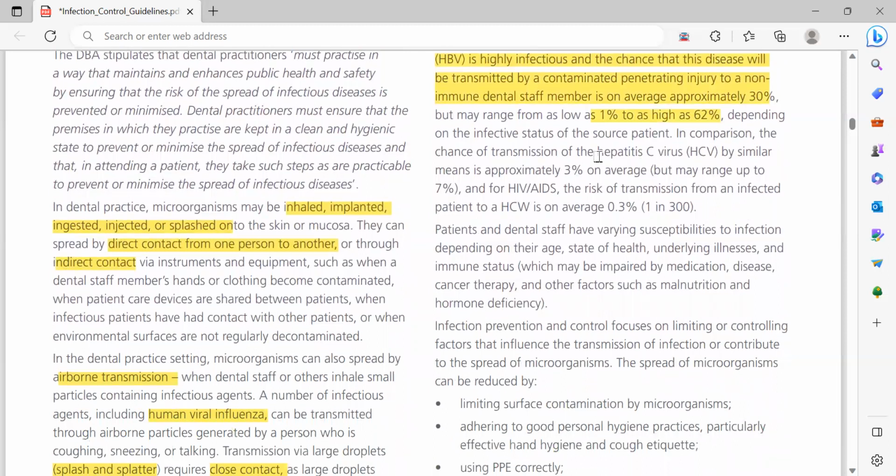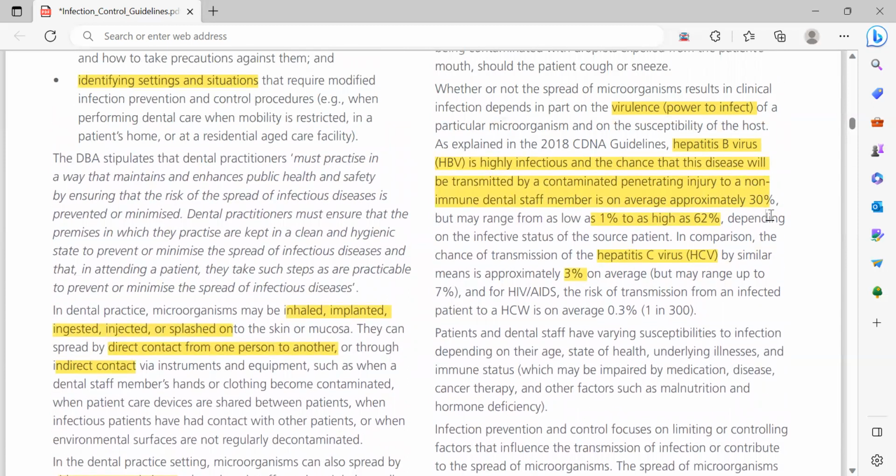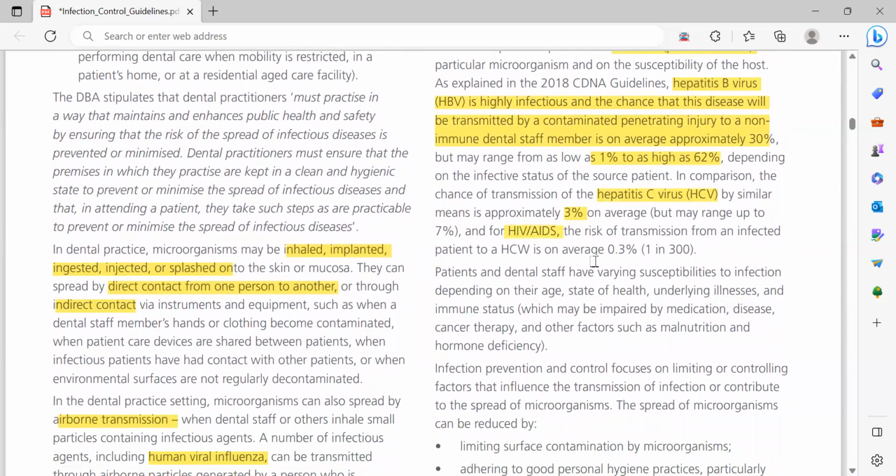In comparison, the hepatitis C virus has approximately 3% chance. So hepatitis B has 30% chance, hepatitis C has 3% chance, and HIV has 0.3% chance that if the dental staff get a needle stick injury or any injury from an instrument that was used on a patient who was HIV positive or hepatitis C positive, they would also get infected.